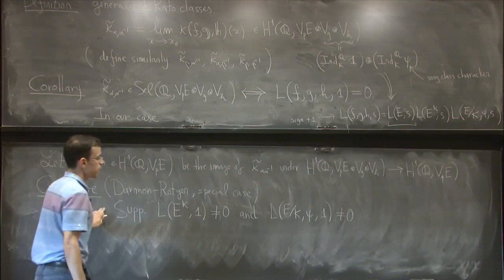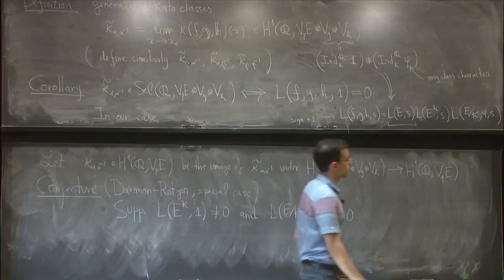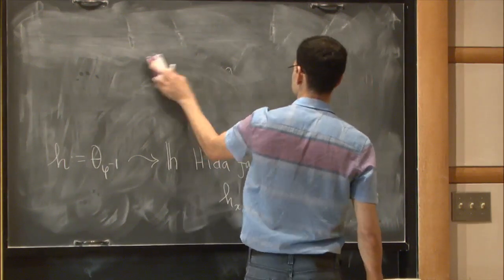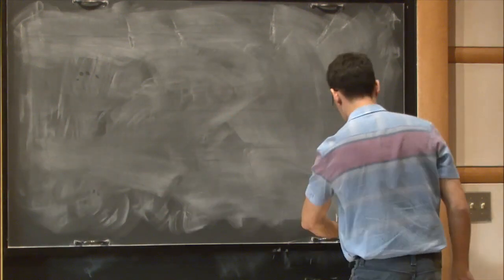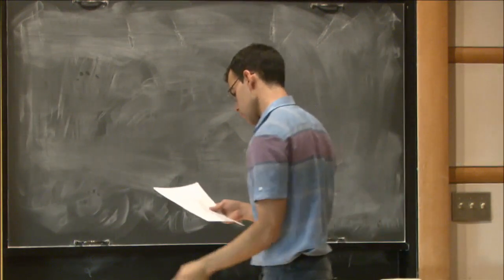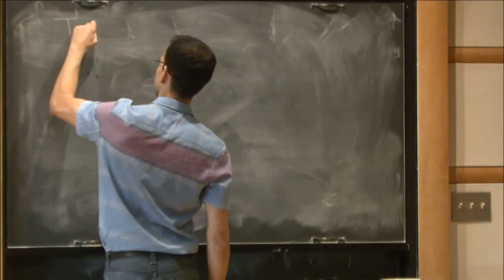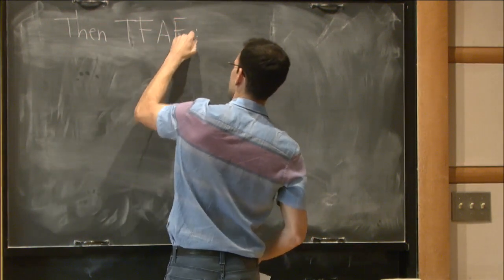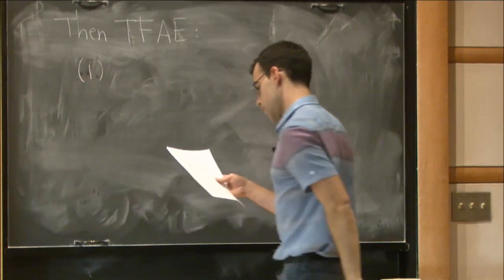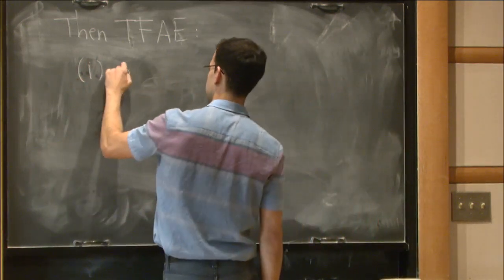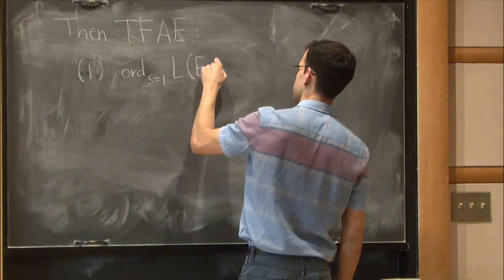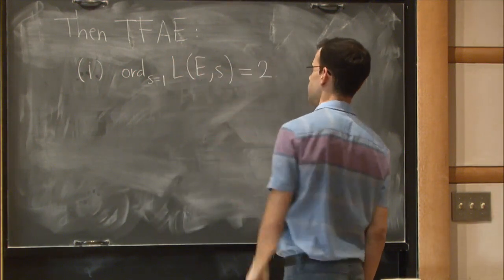If you put yourself in this situation, then the following should be equivalent. First of all, the order of vanishing of the L series of E at 1 is exactly 2.